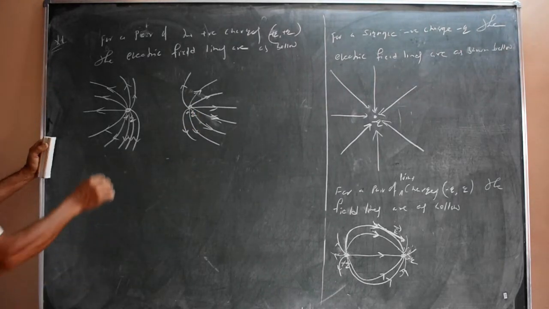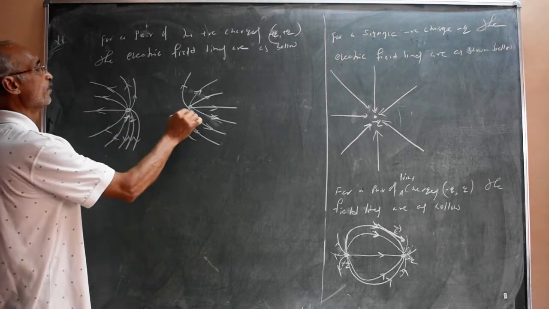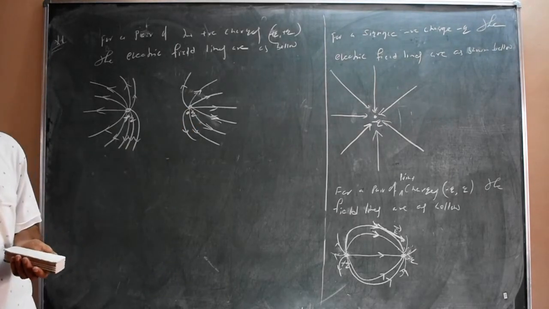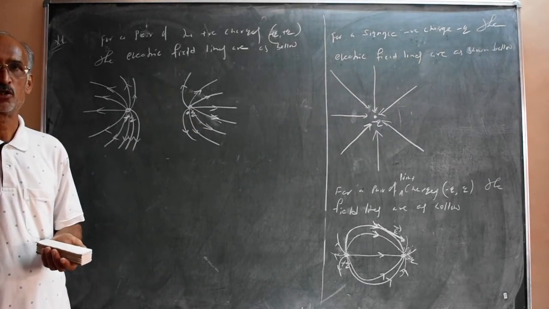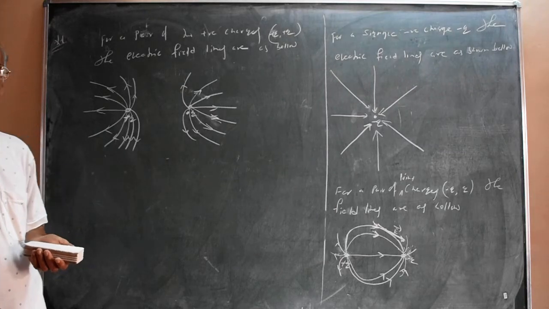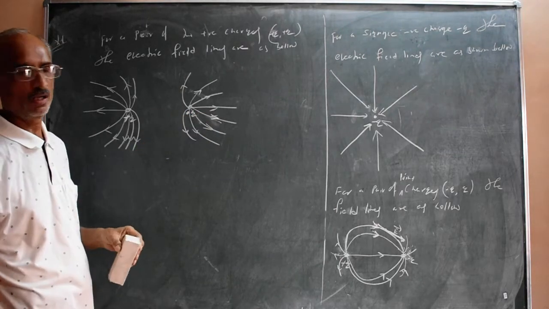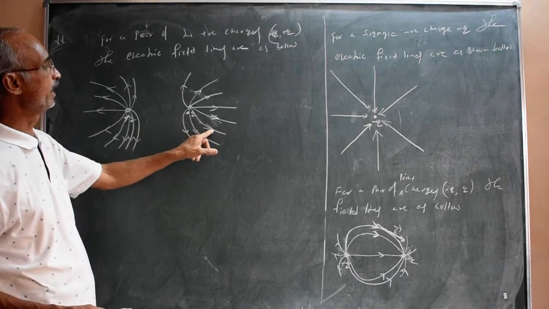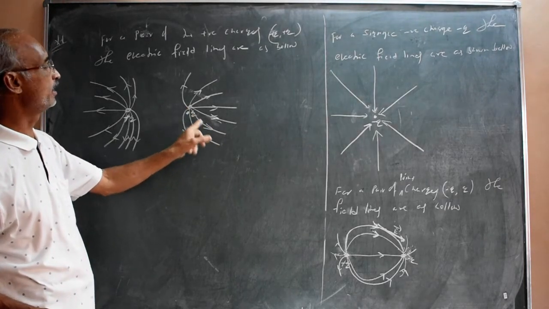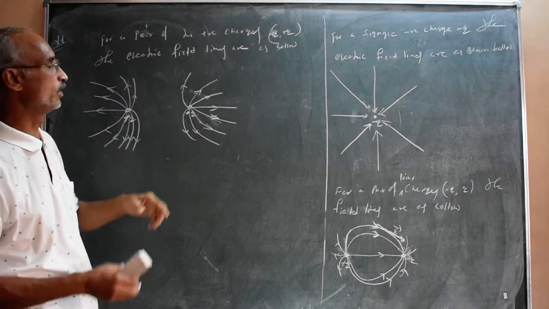Like for a pair of charges, plus q and plus q. If it is minus q and minus q, then same figure, but the field lines are radially inwards. Then the field lines are inwards towards the negative charge.